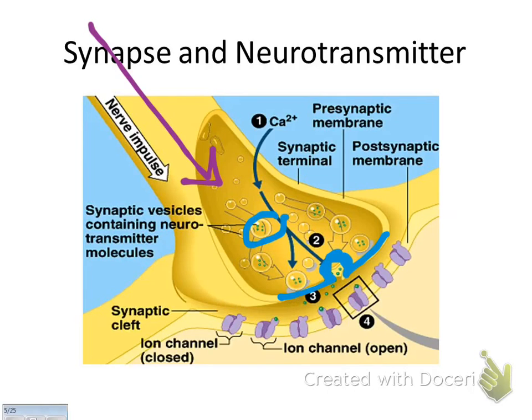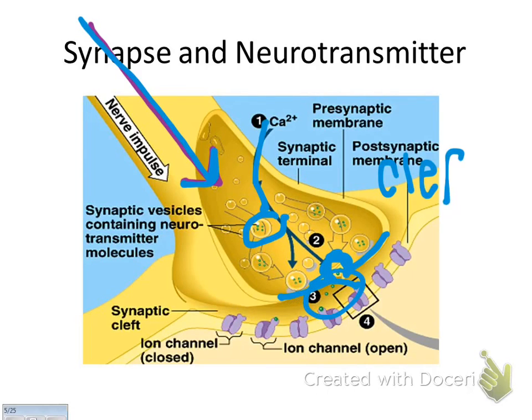So the message, let's start from the top. The message gets to the terminal. Calcium comes in, and calcium pushes the vesicle of neurotransmitter to the end of the terminal. Right there. Y'all with me so far? The neurotransmitter goes out into the synapse. Some books call the synapse right here the synaptic cleft.